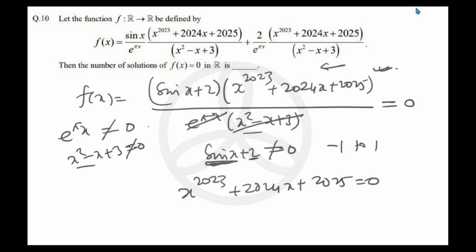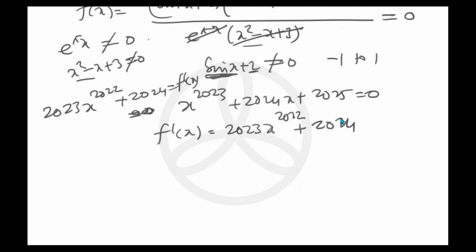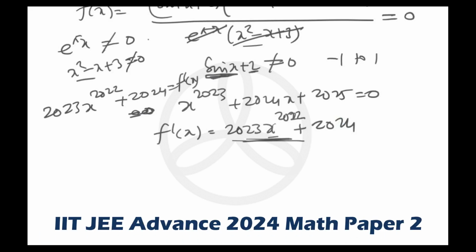Now, in order to see how many solutions it will give, we need to differentiate this to find 2023 x 2022 plus 2024, which is f prime x. Looking at it we can clearly find that for all values of x it is going to be positive, because this expression will never be negative since it has an even power.